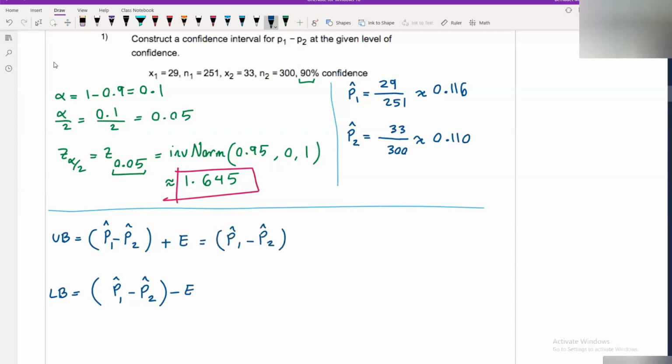If you want, you can find E first and then add, subtract. So E is Z times the square root of p hat q hat divided by n.